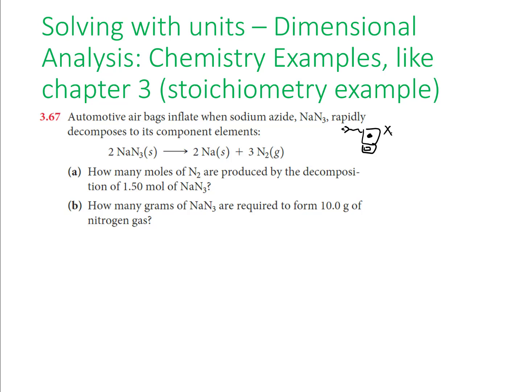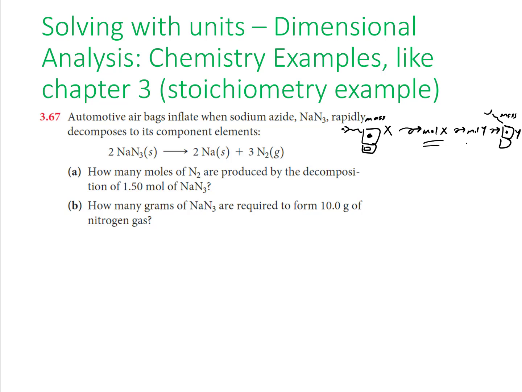So you have mass of X, and usually you have to change it to moles of X, and then change it to moles of Y, and then change it to, here's another scale, mass of Y. That's how stoichiometry works.